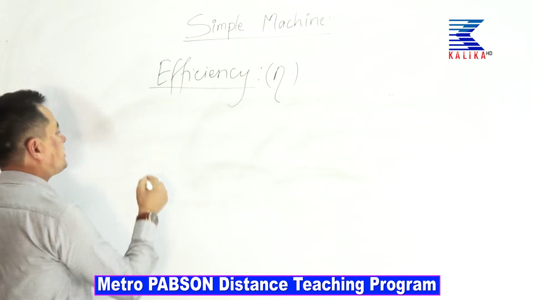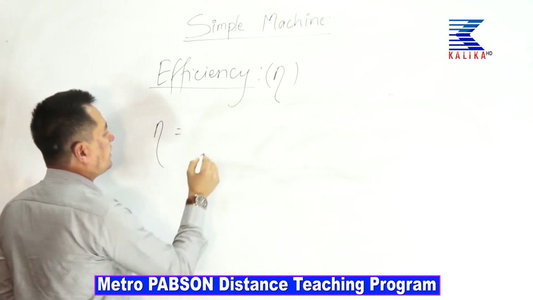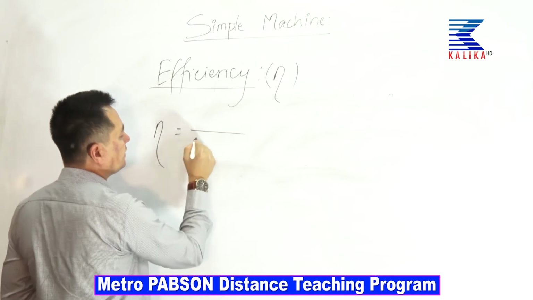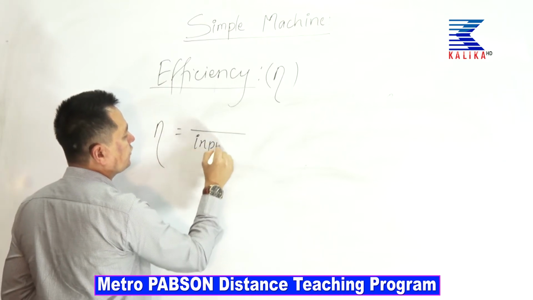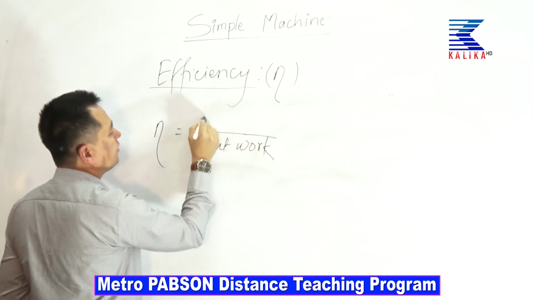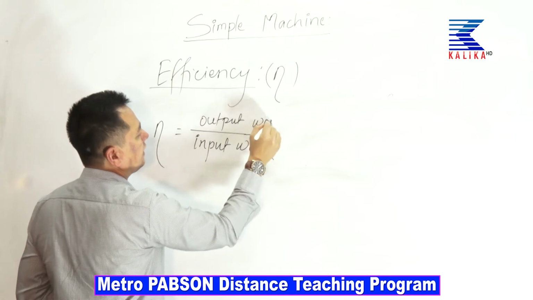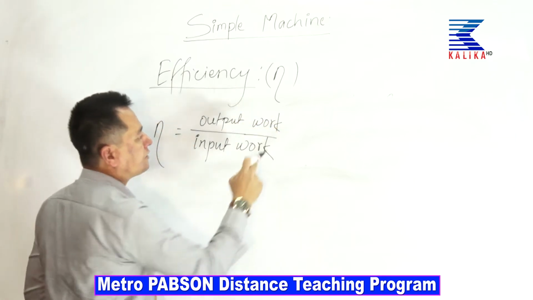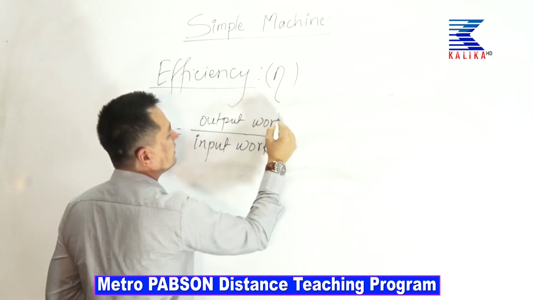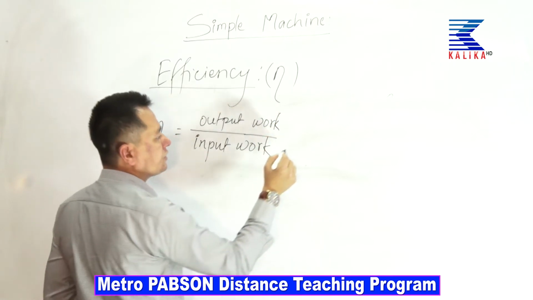So, efficiency is how much output work we get out of the input work, and it is generally calculated in percentage.